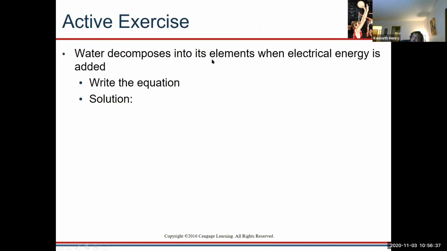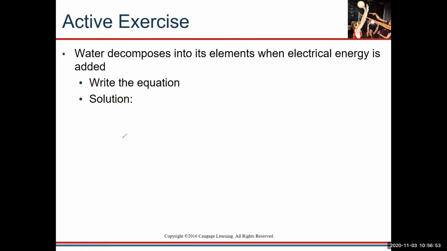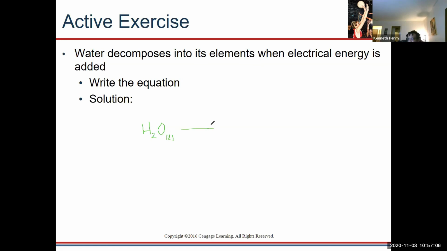Water decomposes into its elements when electrical energy is added. Write the equation. Okay, so what is my reactant? H2O. And my products?